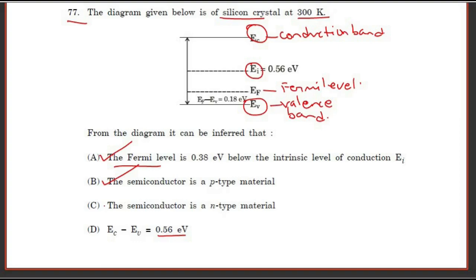N-type semiconductor, it is above the, option C is wrong. In option D, EC minus EV is equal to 0.56 into 2. Hence option D is also wrong. Both option A and B are correct.